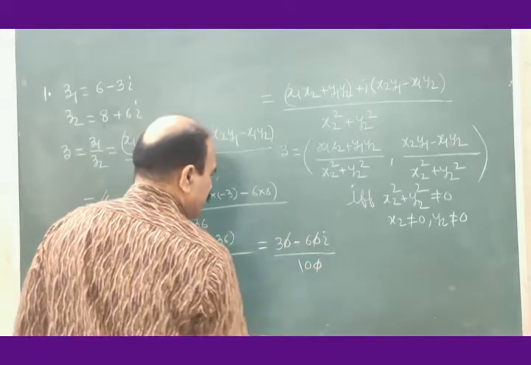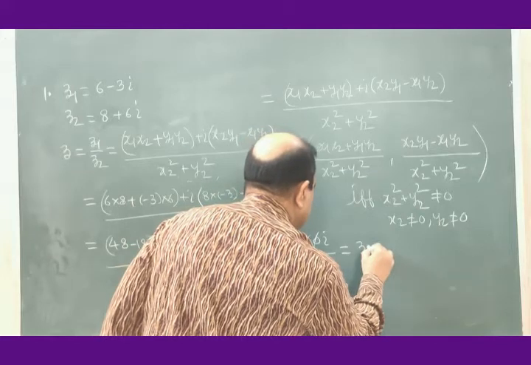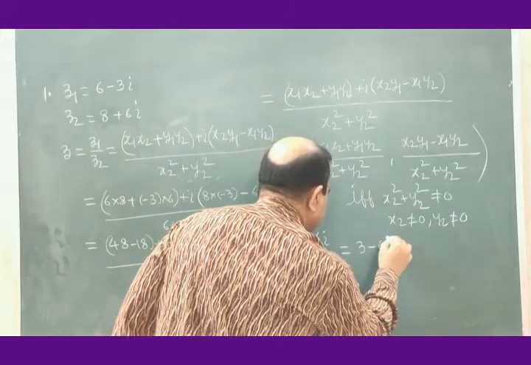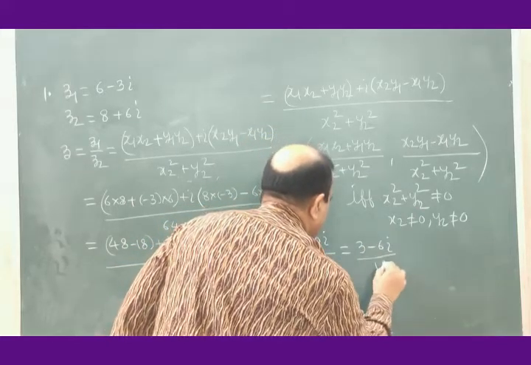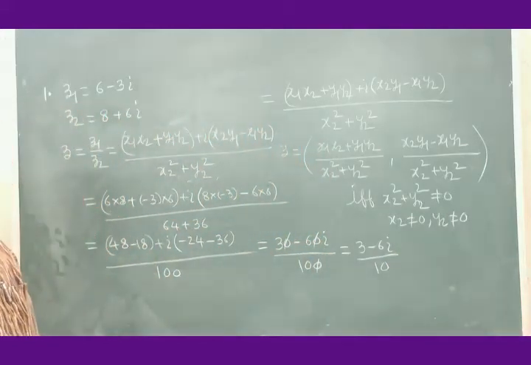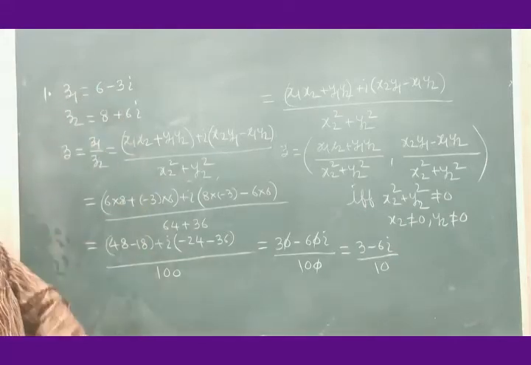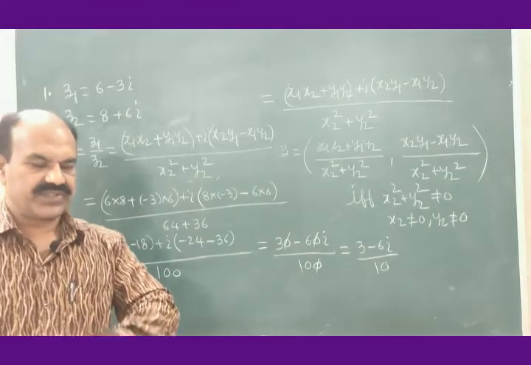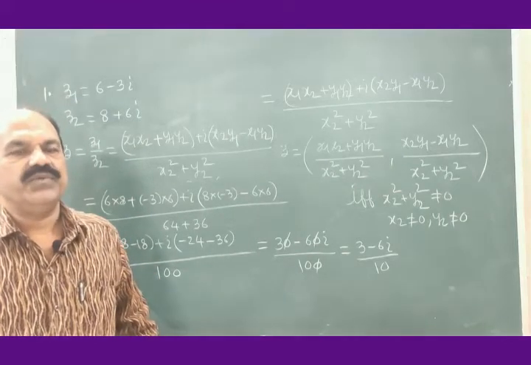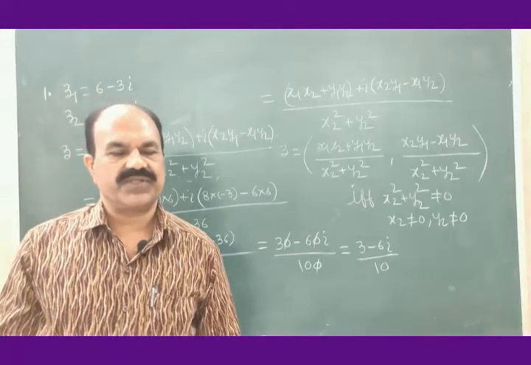Cancelling a zero, it will be 3 minus 6i divided by 10. This is the answer for division of these two complex numbers. This way we can have quotient or division of two complex numbers.